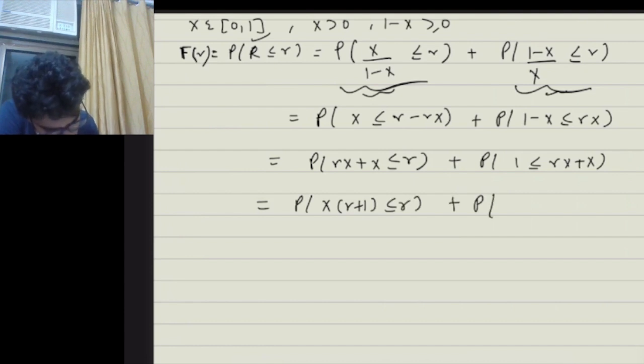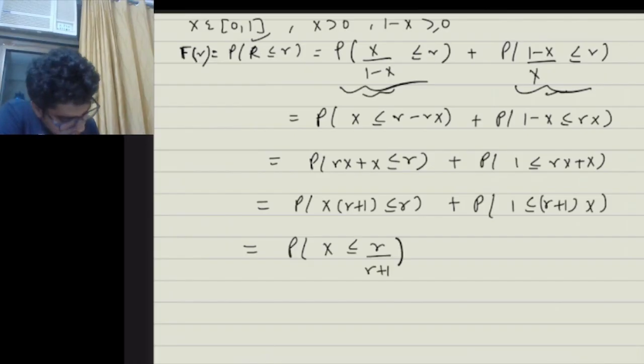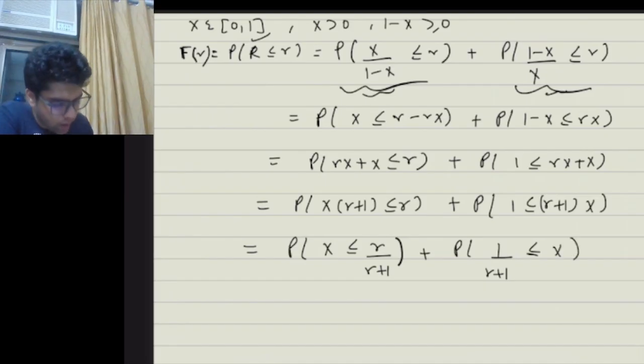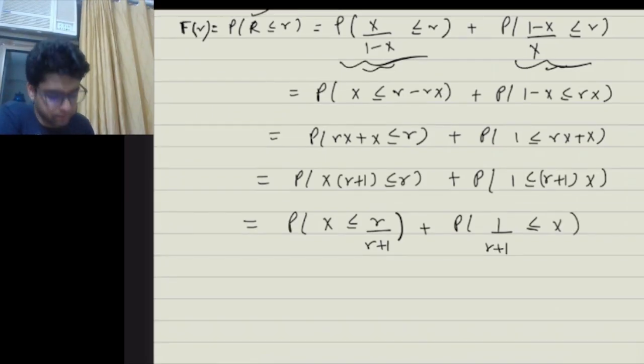So this becomes the probability of x less than or equal to r upon r plus 1, and the probability of 1 upon r plus 1, x being greater than or equal to 1 upon r plus 1.